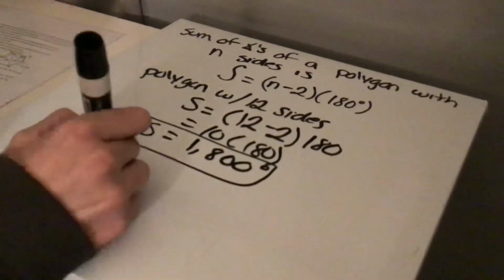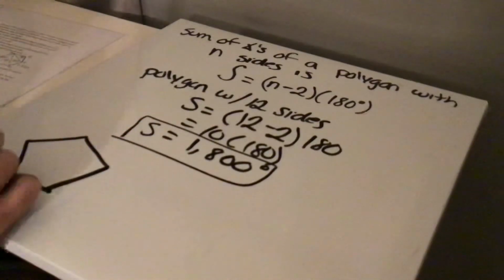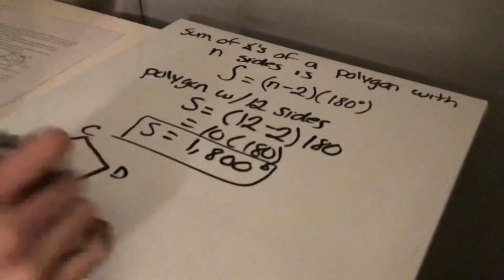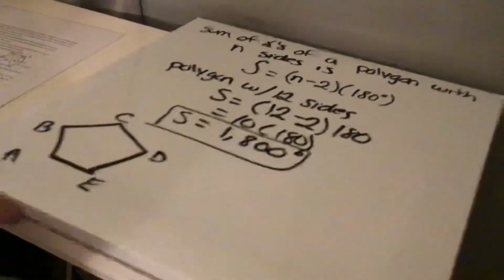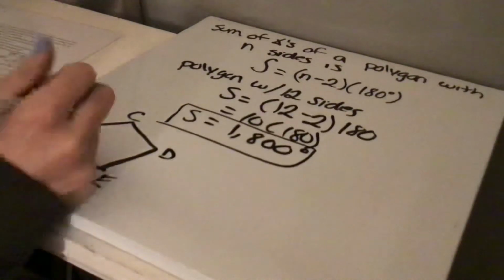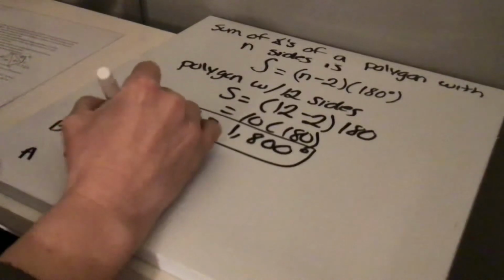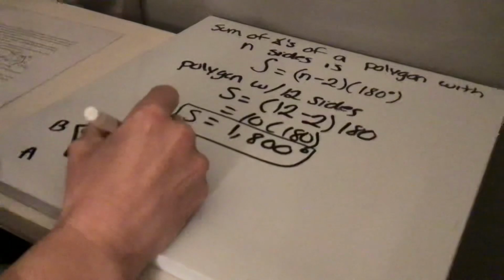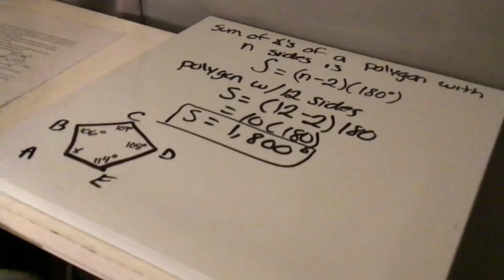So we have a pentagon. We're going to say this is A, B, C, D, and E. And we want to find missing angle measurements. Okay? So angle A is x, angle B is 106 degrees, C is 109 degrees, D is 108 degrees, and E is 114 degrees.